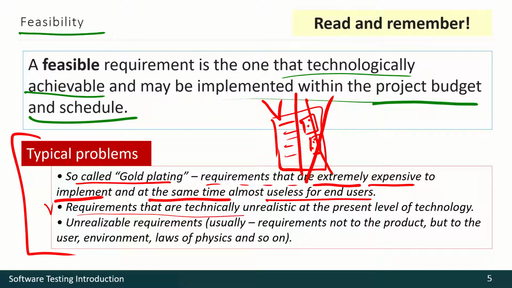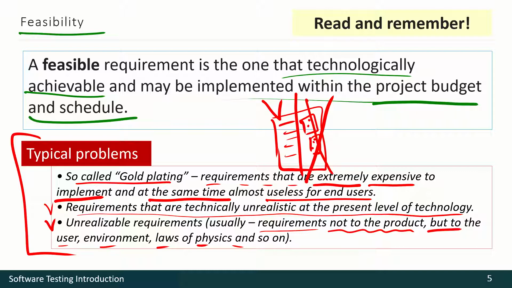Of course, some requirements may be unrealistic on the present level of technology, such as some extremely high speed of data processing and so on. But as we already said, this is a rare situation. And there is another rare but typical situation, that there are some requirements not to the product but to the user, environment, and so on.